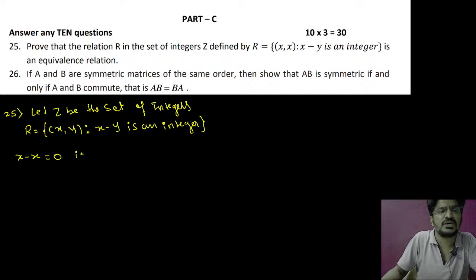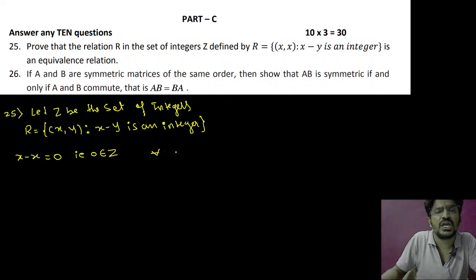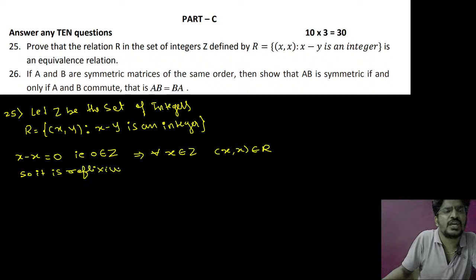So 0 belongs to the integers Z, that means x minus x belongs to the integers. So for every x belonging to Z, the ordered pair (x, x) belongs to R, so it is reflexive. Clear?